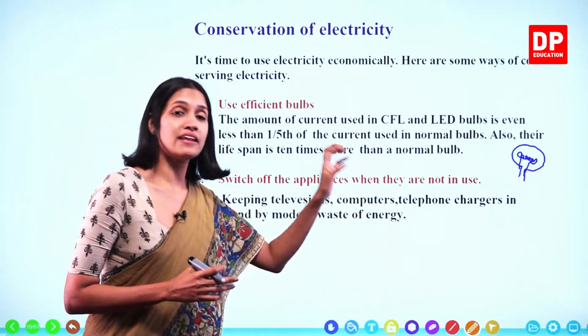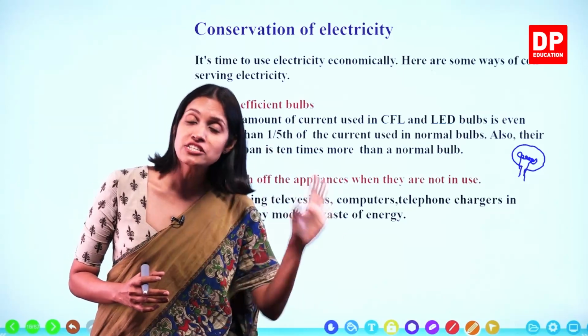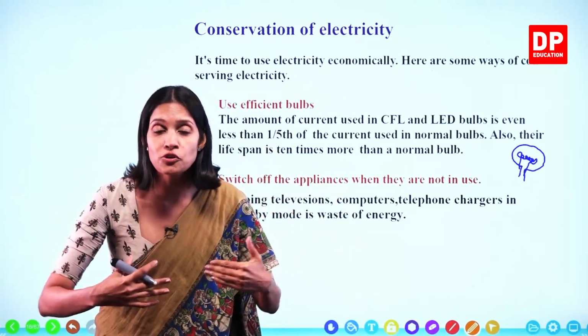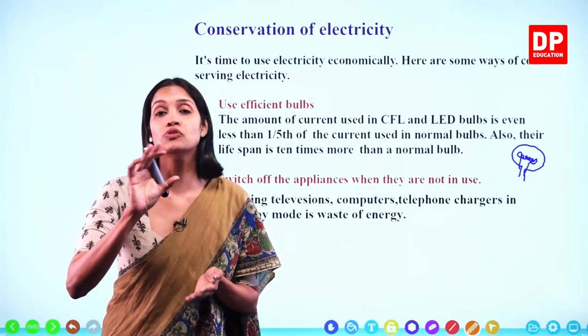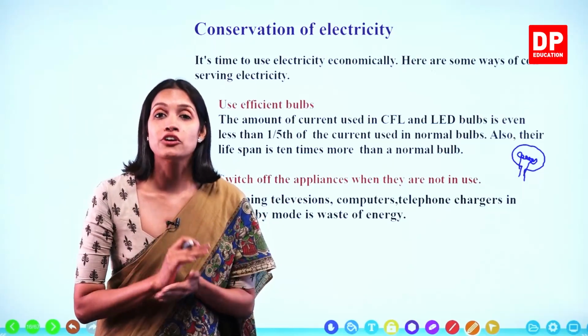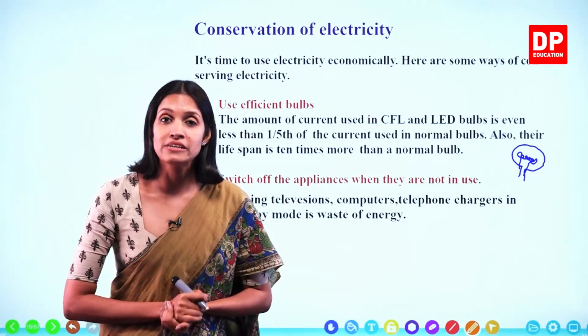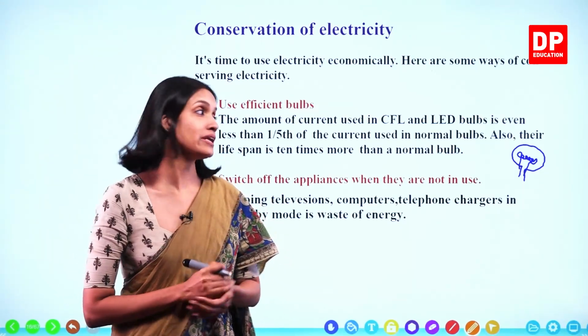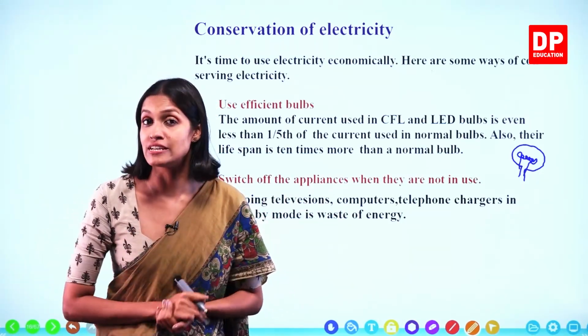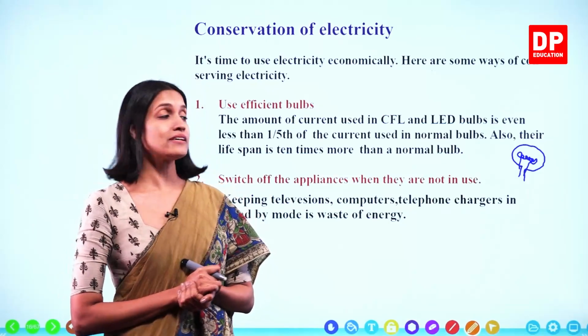You have to understand that even though we have partially switched off a certain appliance, it's still consuming electricity if we do not switch it off from the plug point, right? So if we are not using them, we have to properly switch them off without leaving them in standby mode because they consume a certain amount of energy. Understood, children? Right.